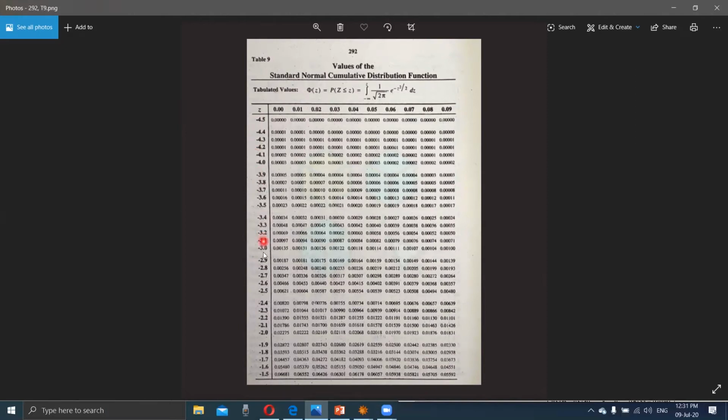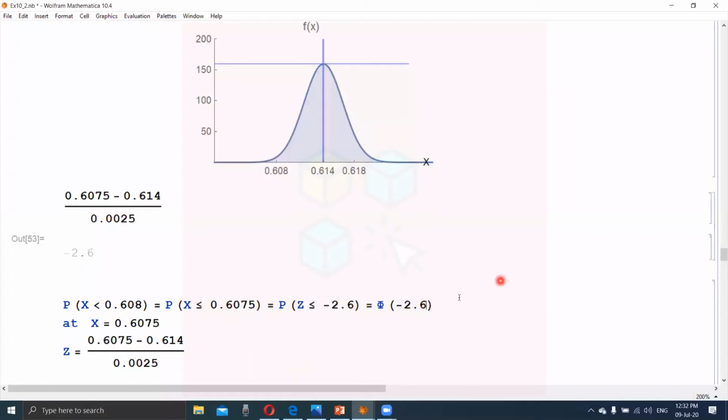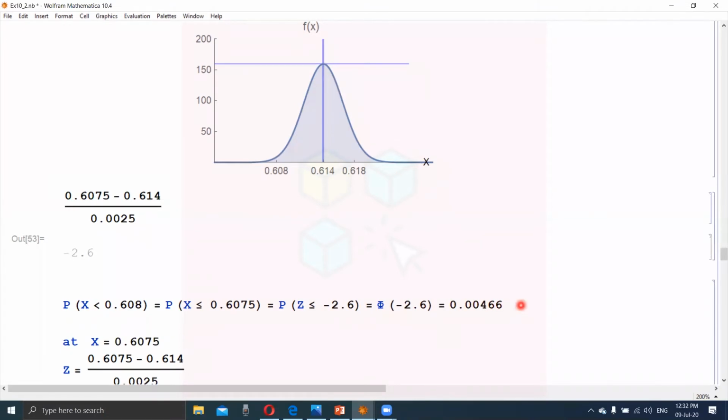We pick minus 2.6 from this column, and against 0 its value is 0.00466. So we write here 0.00466.